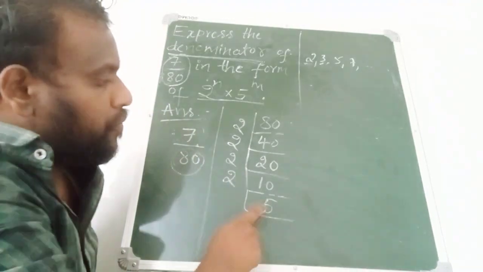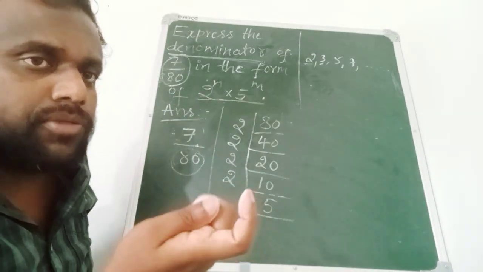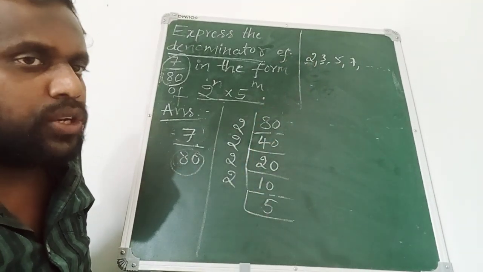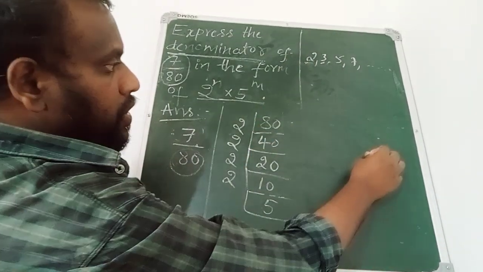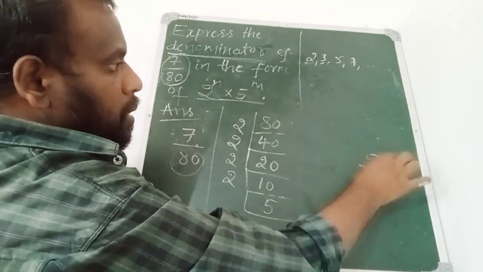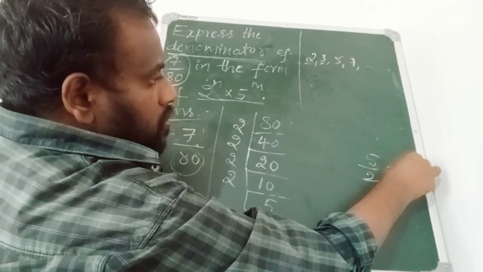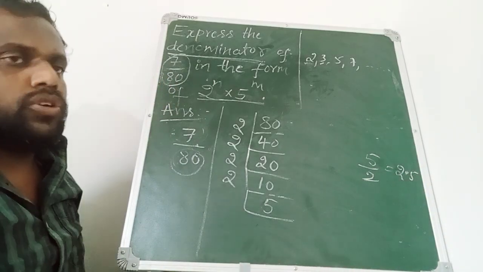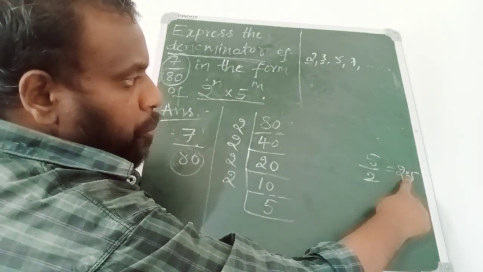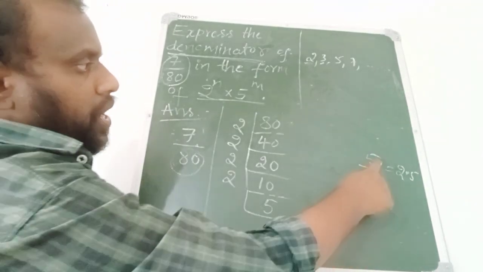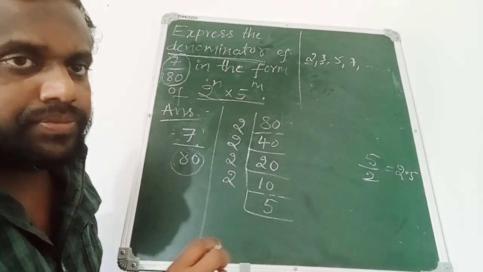Again check whether this 5 is completely divisible by 2 or not. No, it is not, because when you divide 5 by 2 you get 2.5. If you get a decimal point, that means 5 is not completely divisible.